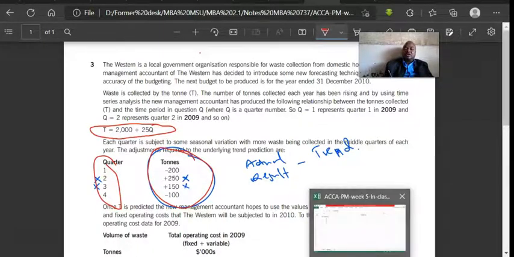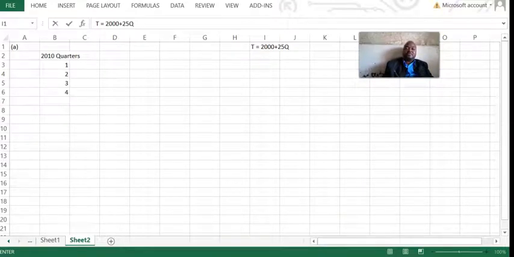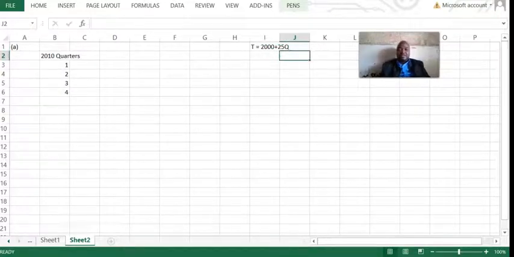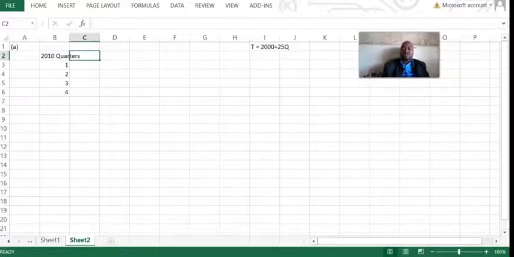So we come to our spreadsheet and say, okay, model, can you lead us? Fine, the model is there. We have been given the information for the first, second, third, and fourth quarters, which were for 2009, but we are now estimating for 2010. Remember, in the model we've got the Q value.